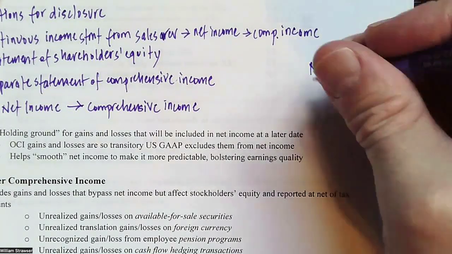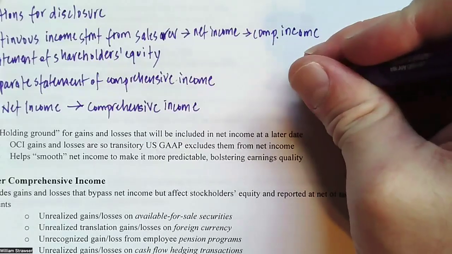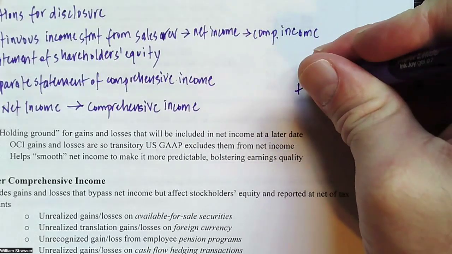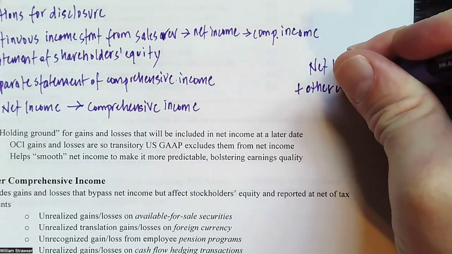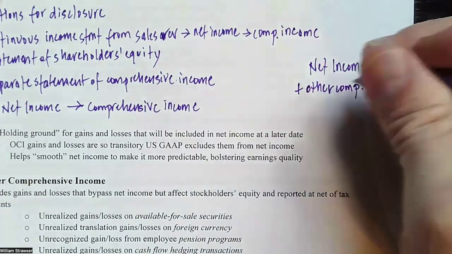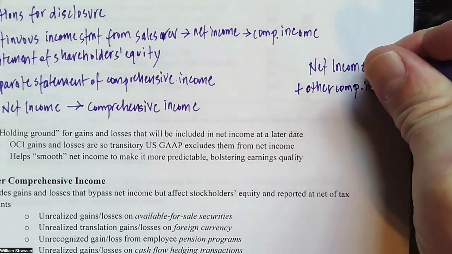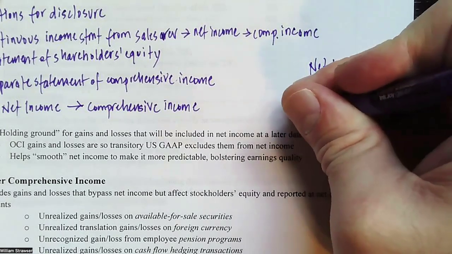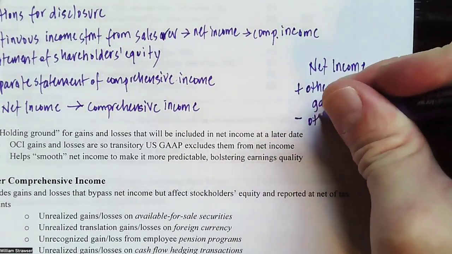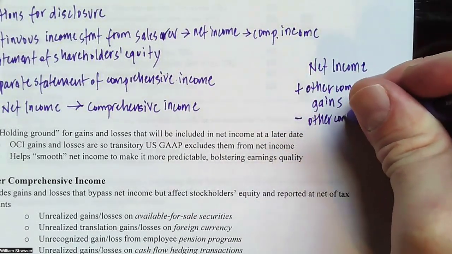Now we're taking net income, and then we will add some other comprehensive, and I'm going to shorthand it again just with comp, income, gains, and then we'll subtract any other comp income losses.